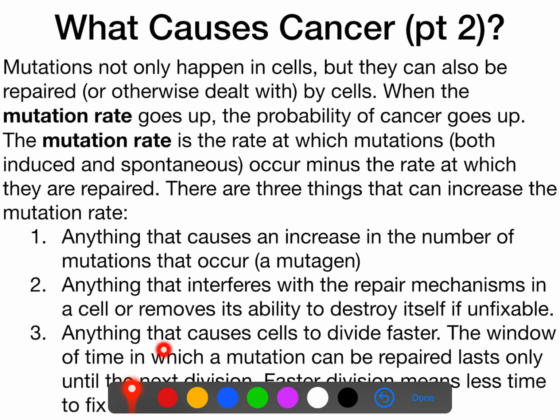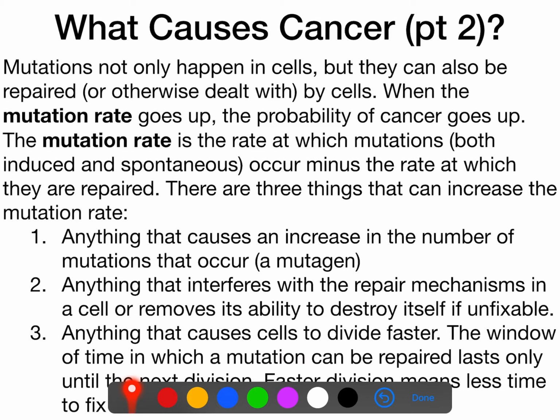And three, anything that causes the cells to divide faster. So cells only have as much time to correct errors as until the next time they divide. All right? Once a cell divides, any mutations that are still there are stuck.